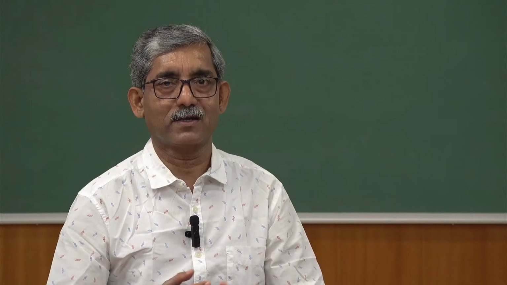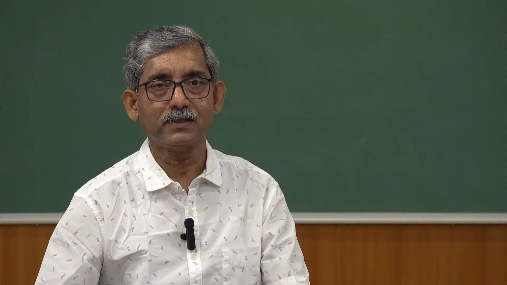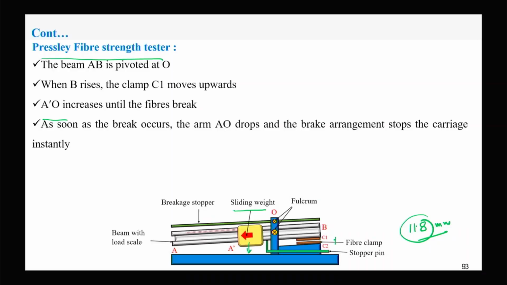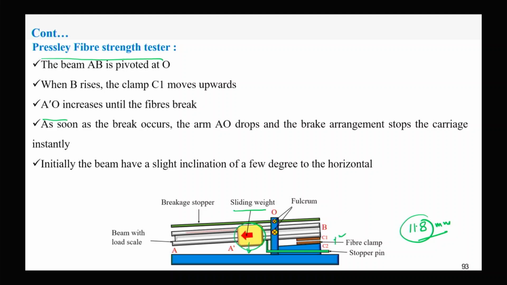It will not go further. Using the simple relationship of beam balancing, we can calculate the breaking load on the specimen if we know the distance at which the slider stops. Initially there will be a slight inclination so that the sliding weight slides down.